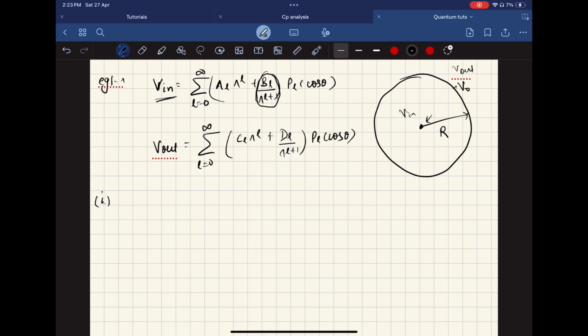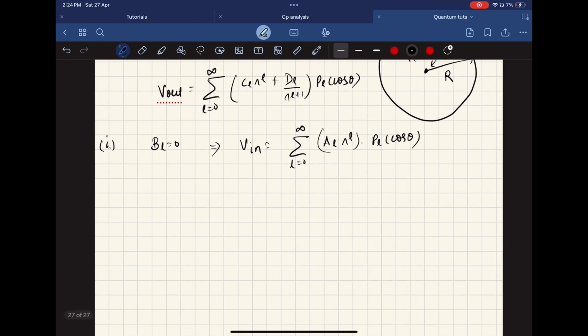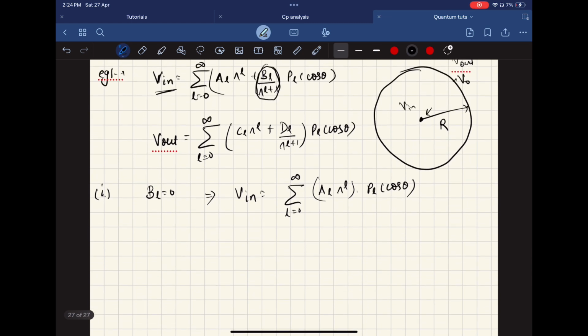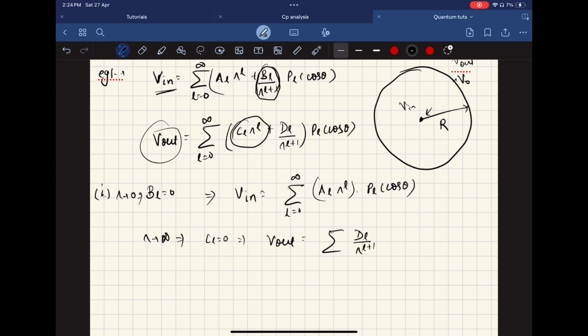So to make V out finite, we have to make C_L equal to 0. This gives V out equals the summation of D_L over r to the power L plus 1 times P_L(cos theta).